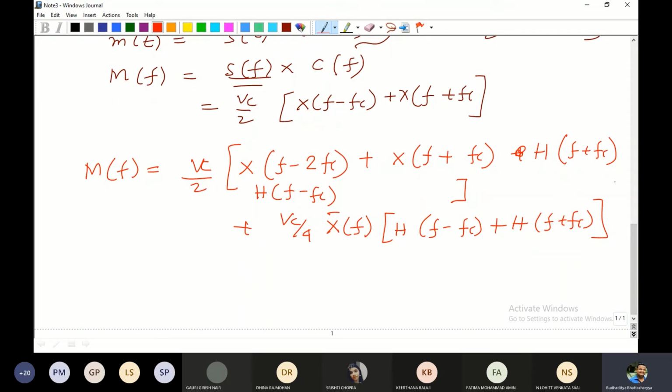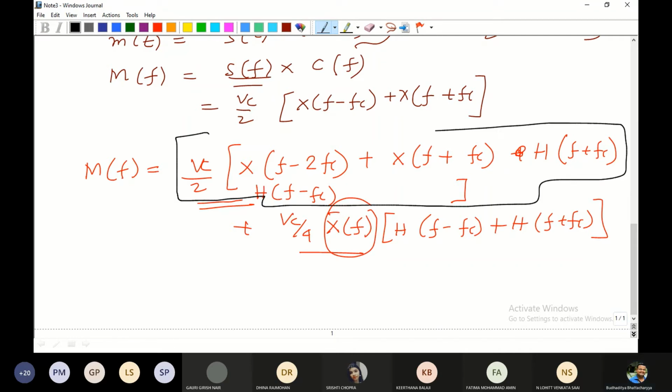Now you can observe clearly that the first term will be eliminated by the filtering action. Simply, this can be eliminated. Why? Because it doesn't contain any X. You can see the X lies somewhere here, so we need to extract the X. In the first term, if I box it, this whole term is neglected completely because of the filtering action.